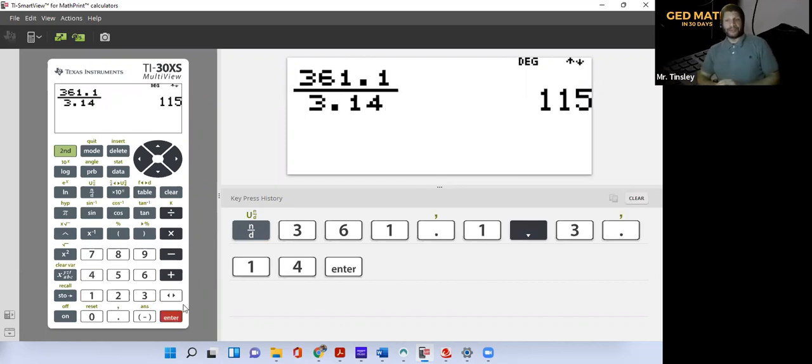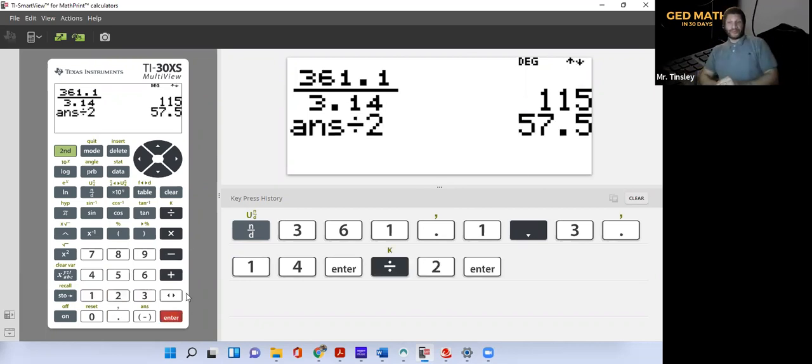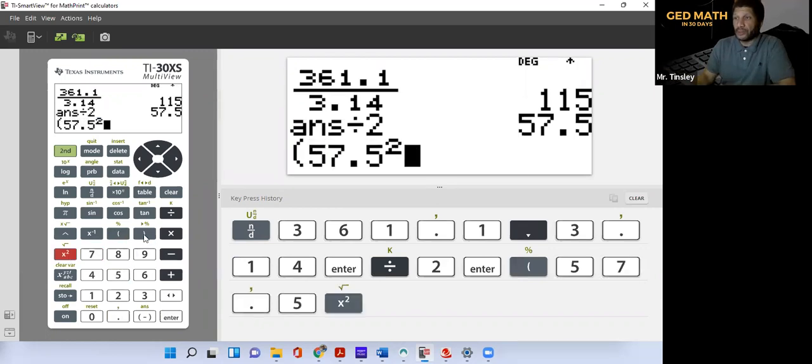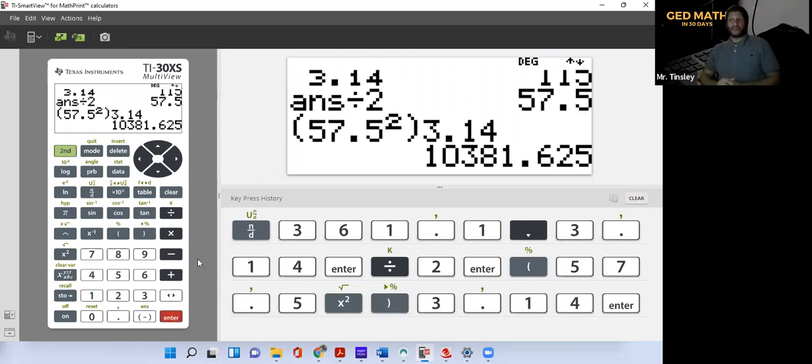That's my diameter. To find my radius, I divide by 2. Then to get my area, I do 57.5 squared times 3.14. And that's all three within 20 to 30 seconds.